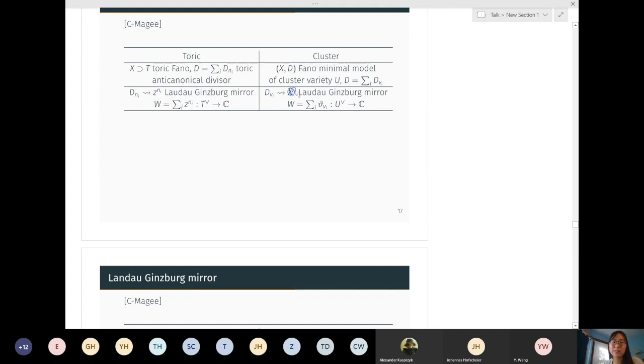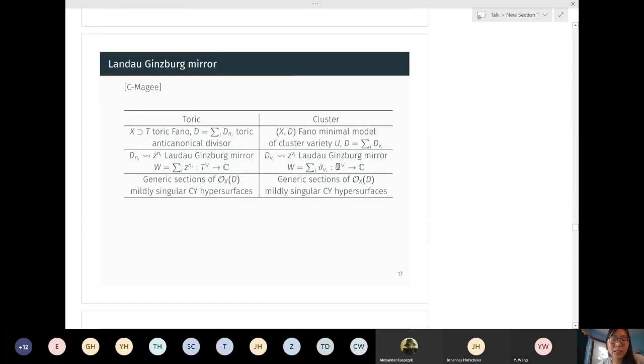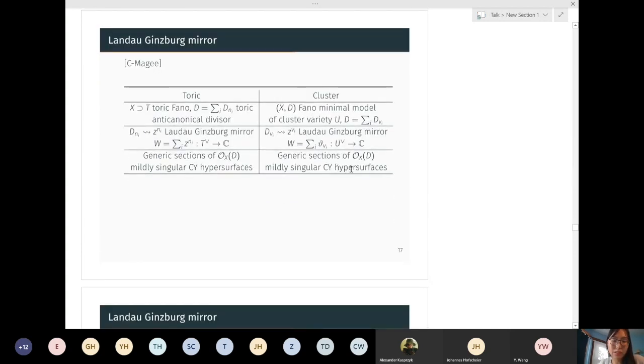You can see I copy and pasted and forgot. But we sum up the theta functions as our potential, and then here is the generic section, because this is how Batyrev does it similarly as well, a generic section, a mildly singular hypersurface, and we think of a similar thing.